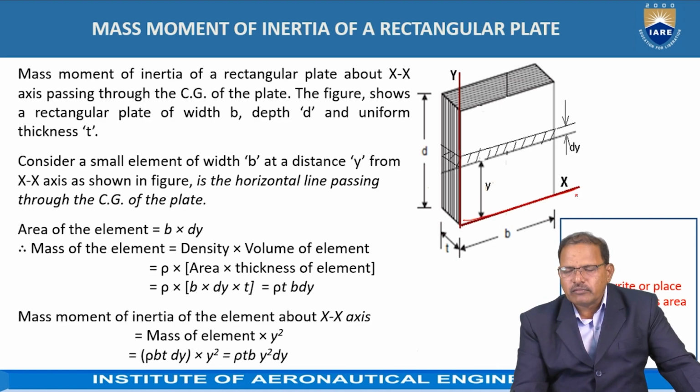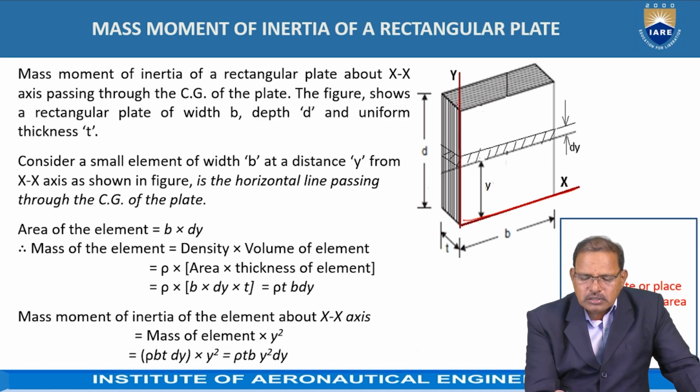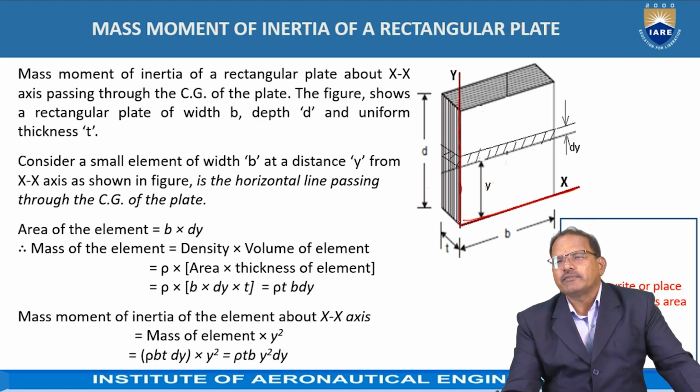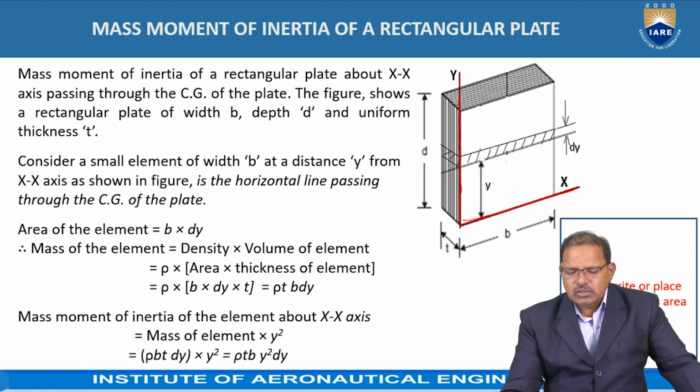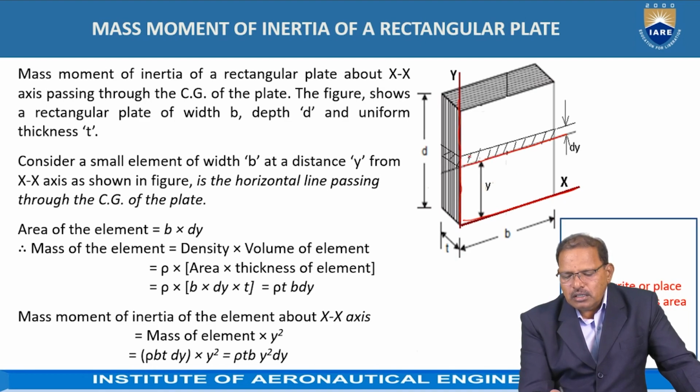The reference axis taken is passing through the bottom of the figure, it is passing through the extreme left of the object and perpendicular to the x-axis. So let us consider the strip having thickness equal to dy at a distance of y from the reference axis as shown in the figure.